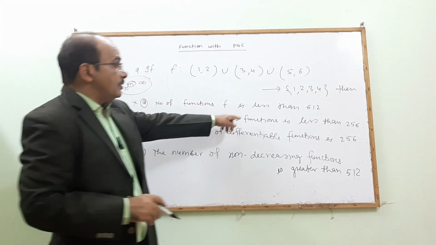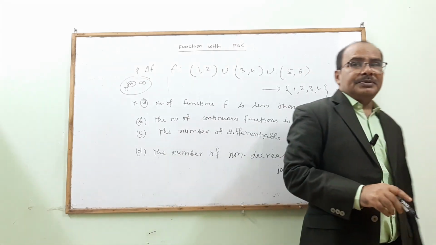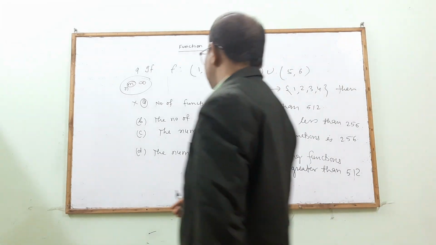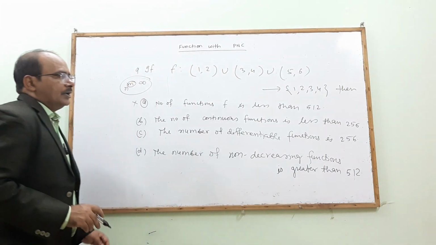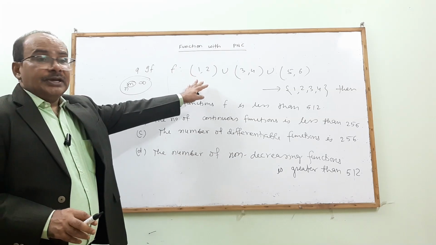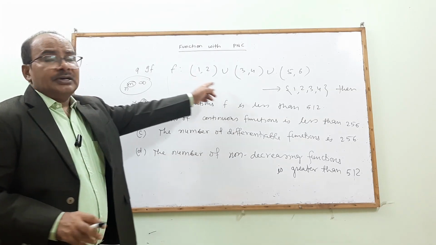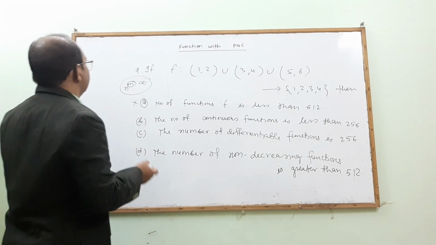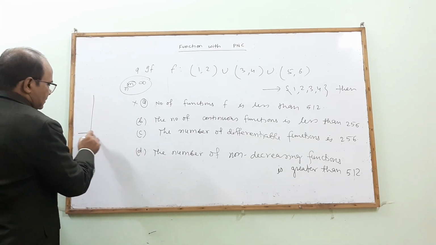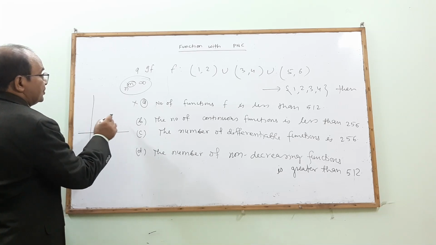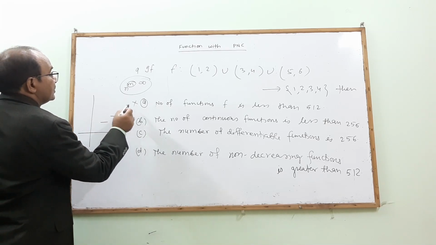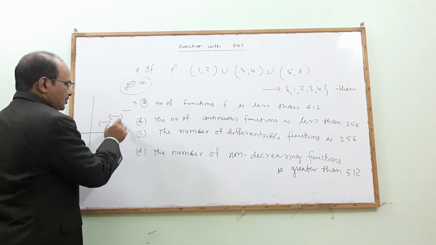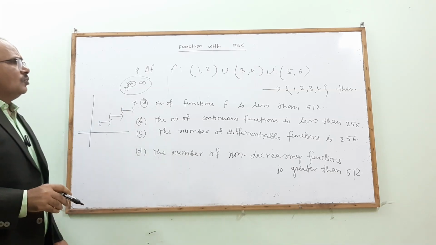Number of continuous functions is less than 256. Again, see the number of continuous functions. How can we observe continuity in the interval? Continuity in the interval can be observed like this: this is for open interval, this is for open interval, this is for open interval.